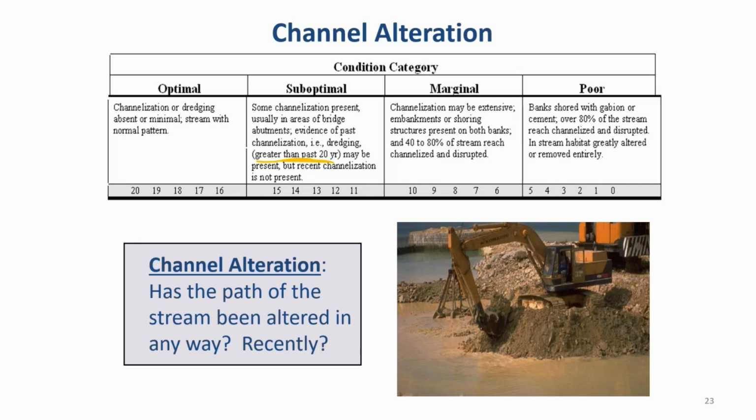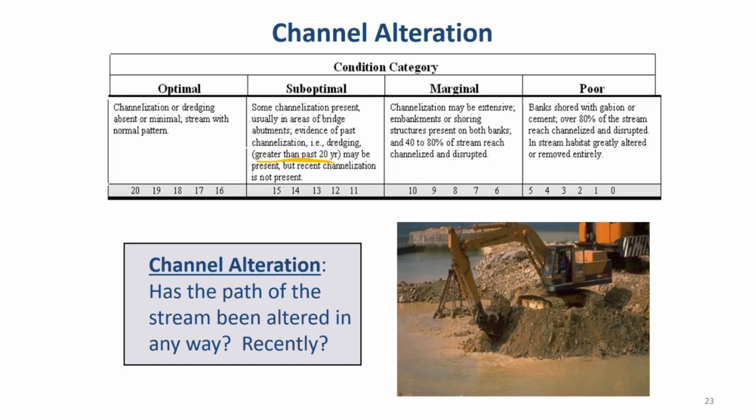But if you can't see evidence of channelization or dredging, and if the stream has a normal pattern, and again, what's normal? Well, if it's very, very straight, then that's not terribly normal. So most streams are going to naturally have at least a little bit of a curve to them. So if you don't see anything and the stream looks pretty normal in its channel, then you could be in the optimal situation.